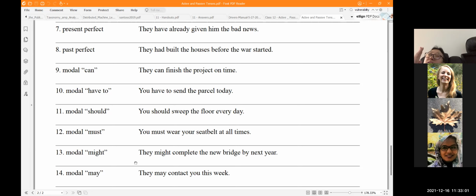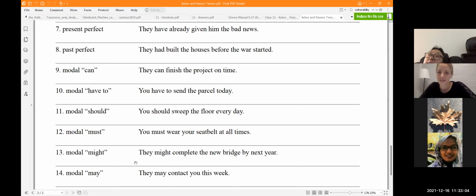The past is wore, and the past participle is worn. Wore, worn. So we must write: The seatbelt must be worn at all times. Perfect. Okay.